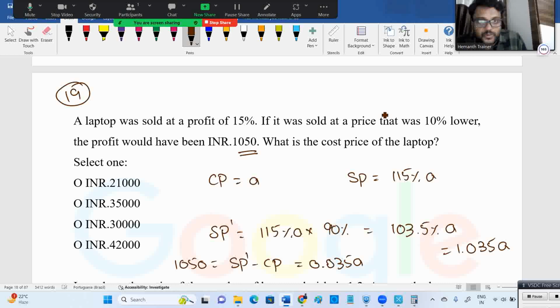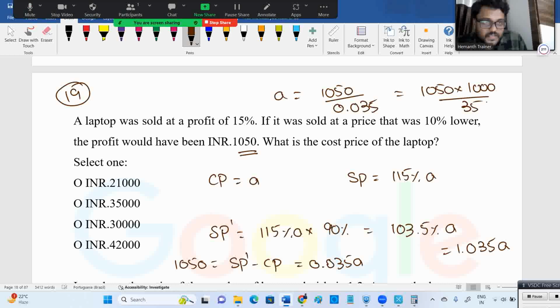So A is 1050 divided by 0.035, which is 1050 into 1000 divided by 35. This is 35 times 30, so we got 30,000 as the answer. Here 90% because 10% more means 110%, 10% less means 90%.